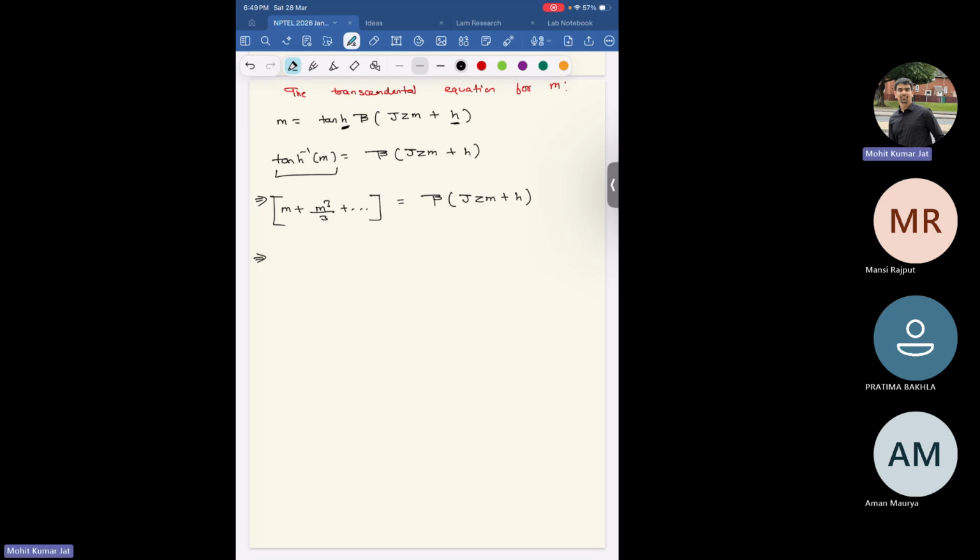If we segregate the terms and see it in terms of H, we will get (1/beta)(M + M cubed/3) minus JZM.